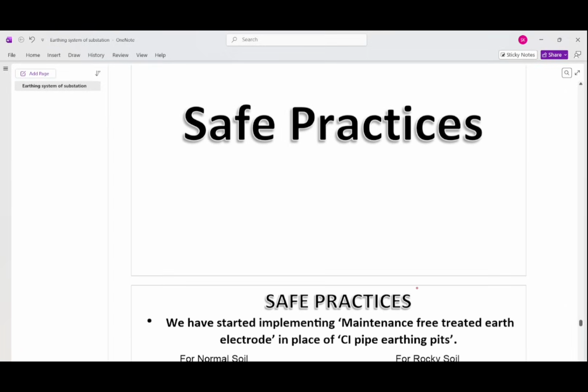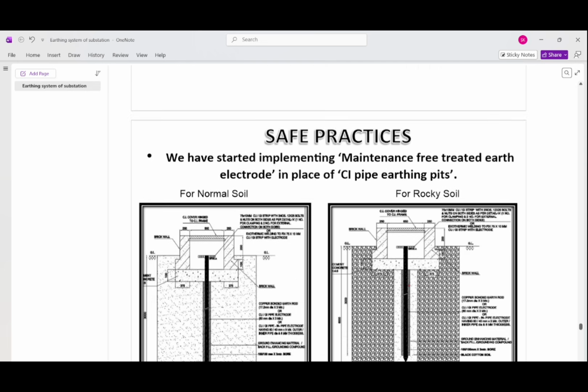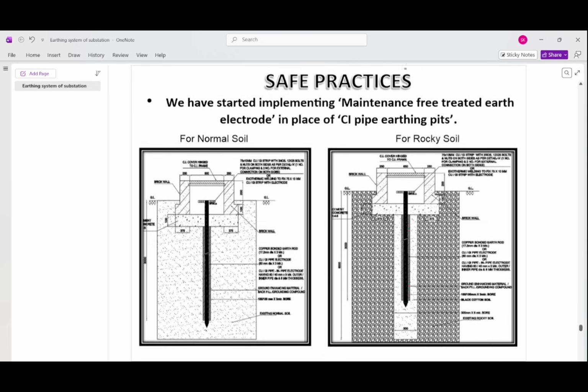So safe practice. We'll now discuss safe practice of earthing. We have started implementing maintenance free earthing, treated earth pits like Marconite chemicals provided as a backfill.